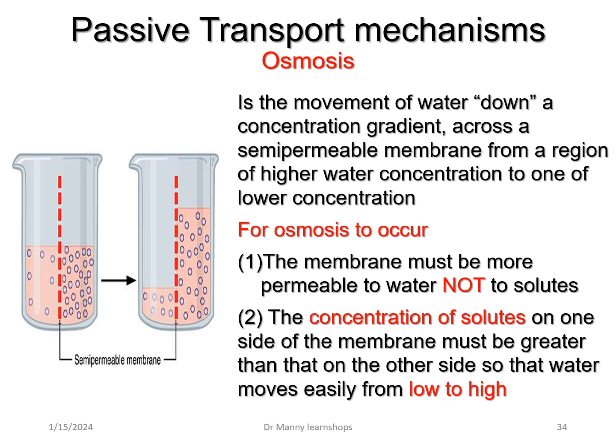Solutes can't go through the membrane, water can. Two, the concentration of solutes on one side of the membrane must be greater than on the other side, so that water moves easily from a low to a high concentration of solutes.